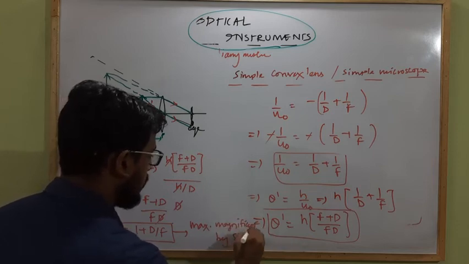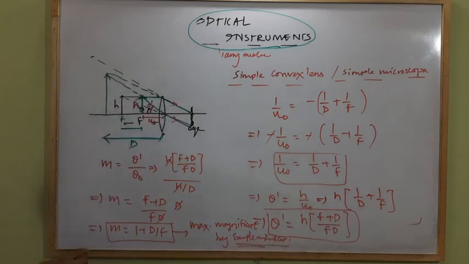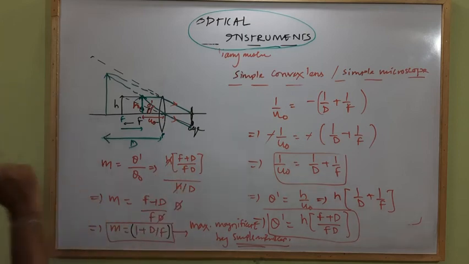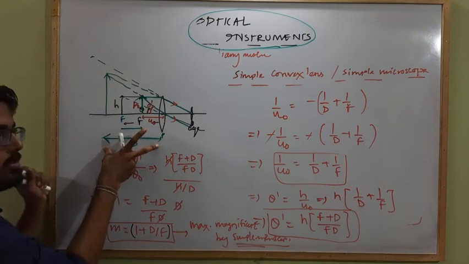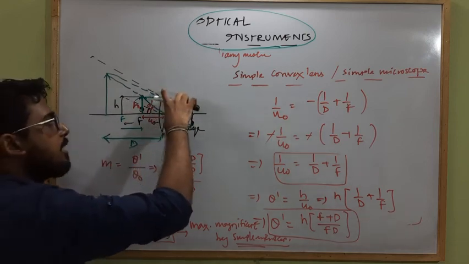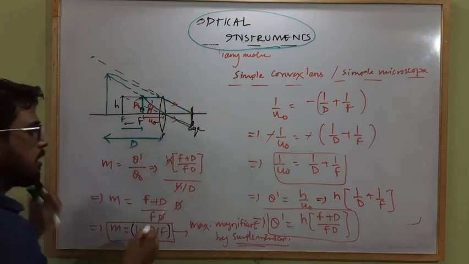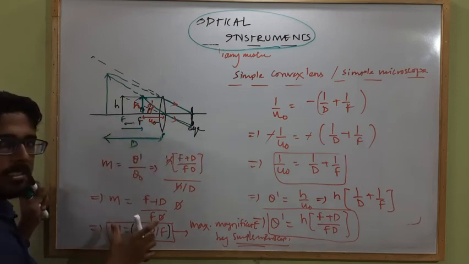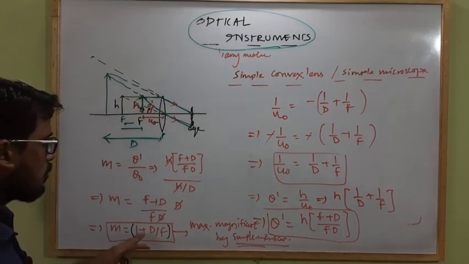By simple microscope. Okay, so the maximum magnification obtained by a simple microscope is 1 plus d by f, and the minimum value we already obtained, that is d by f. And in this case, when the image is formed at the least distance of distinct vision, the ciliary muscles of the human eye are stretched to the most extended. So this is the condition when the image is formed at the least distance of distinct vision and the magnification obtained by a simple microscope is maximum, that is 1 plus d by f.